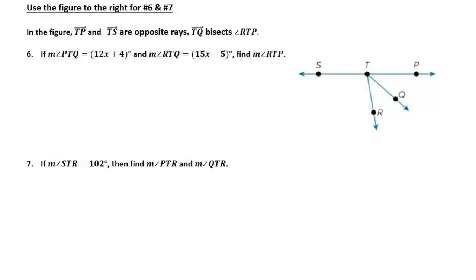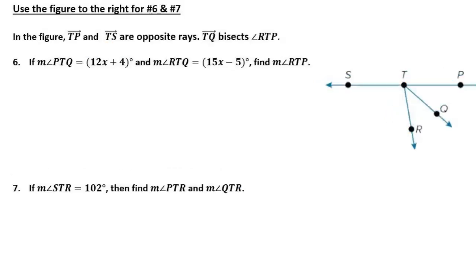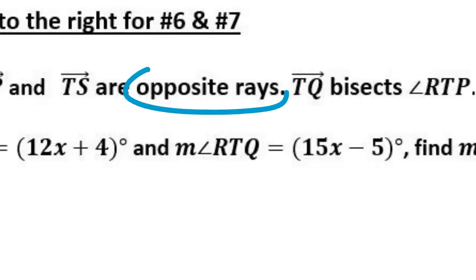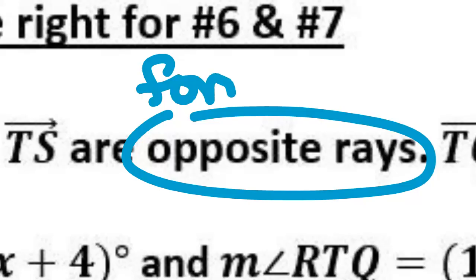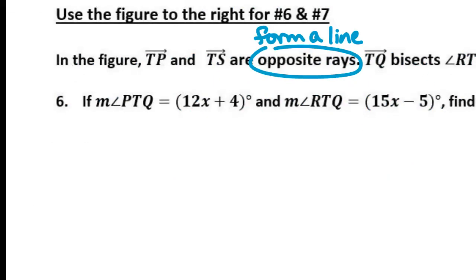And it tells me that ray TP and TS, here's TP, here's TS, those are opposite rays. That means that they form a line. They'll make adjacent angles. The rays, when they're put together, form a line.